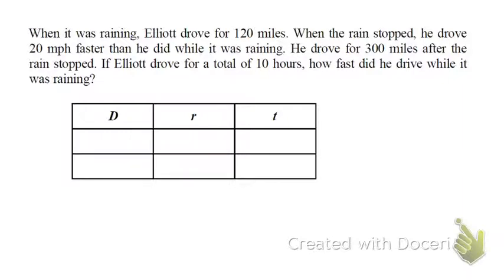So here's your two situations. So we're going to label the top row while it is raining, and then not raining.